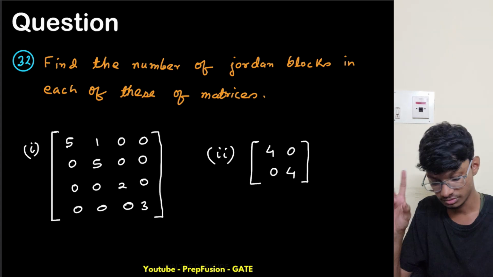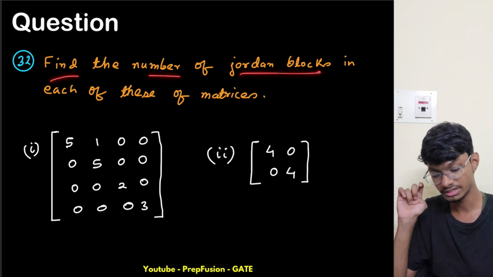So we have a question. What does the question tell? Find the number of Jordan blocks in each of these matrices.